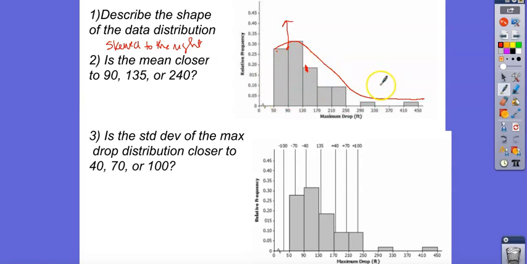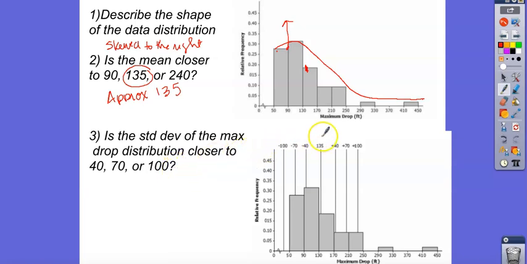I'm thinking that looks pretty good. 240 would be way over here, and you have a lot more data points over here than you do over there. So I'm going to say 135 would be a good approximation, at least better than 90 or 240 for this data distribution.